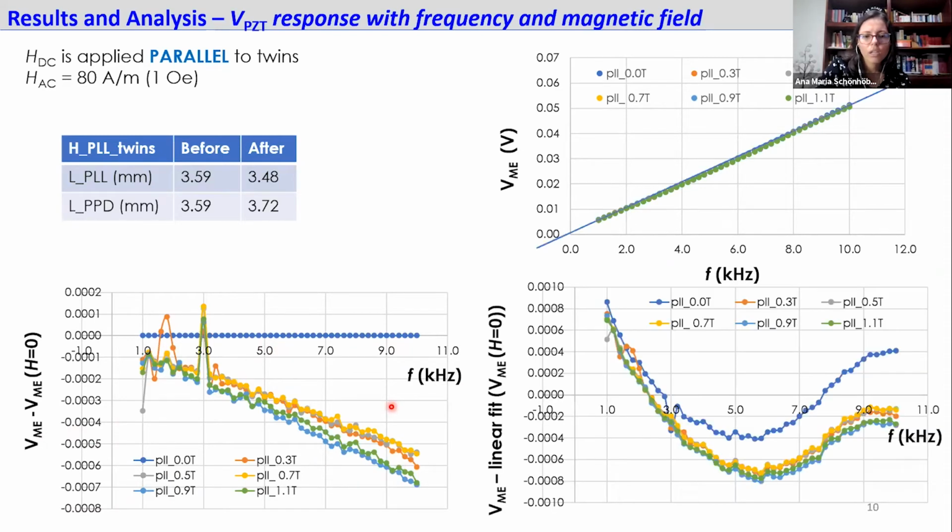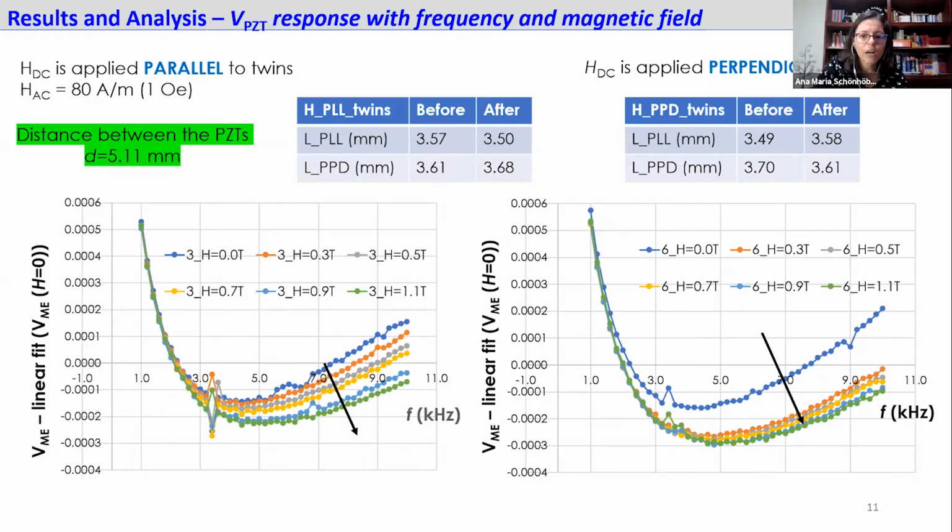So what we did was to determine the difference between the voltage at H and the linear fit at H equals 0. In this way, we observe the behavior is not linear and it is concave up, and the new response is different for different magnetic fields, as you can see from here.